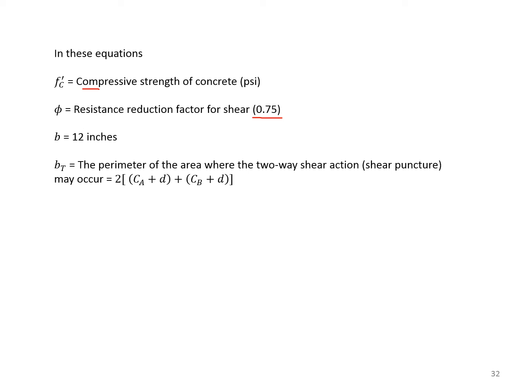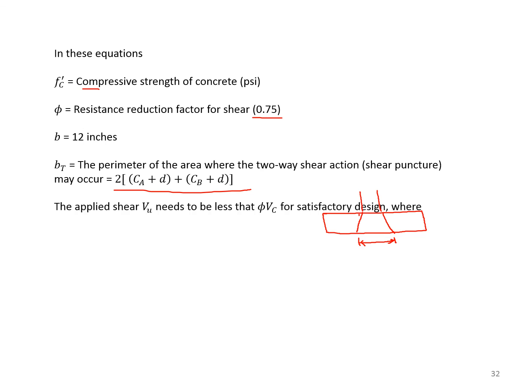In other words, if I show you the footing, which looks like this, and the pedestal or column, we go at the distance D over 2 from each side, and then we have this area, which is the punching area. The perimeter of this area is equal to this value, and that's B sub T.